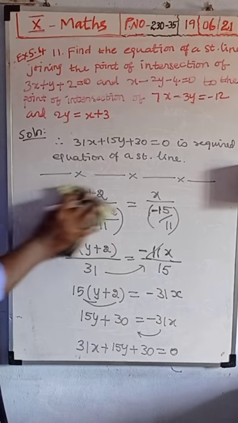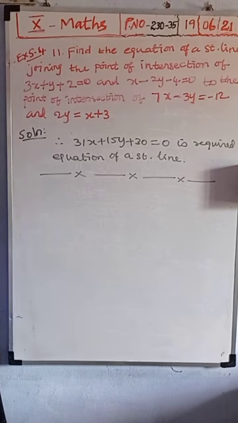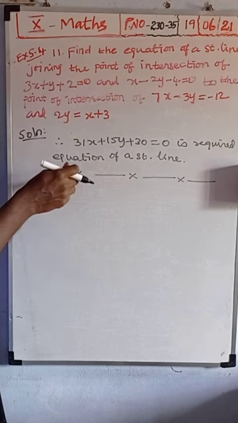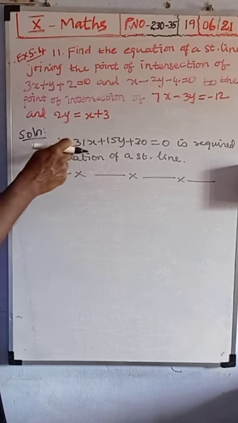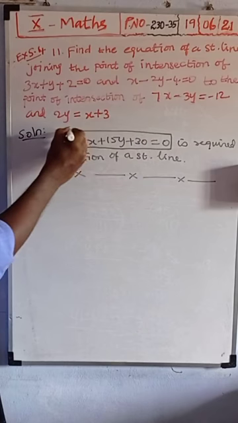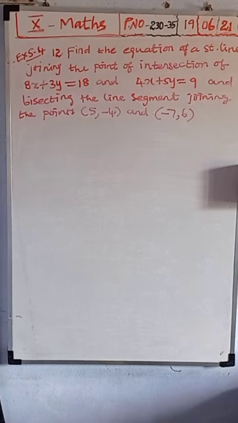So using these four lines, two lines first we solve, and one point of intersection we receive, and then the other two lines we solve and receive one more point of intersection. Using the two points of intersection we used the two-point form. Then we received this equation. Okay, this is called the required equation of a straight line. Okay, that's all.